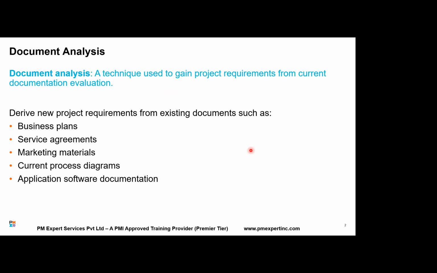You can also look at documents such as the request for proposal. From the documents, you can gain knowledge about the project. This is document analysis. But again, the requirement generation from this technique also depends on the accuracy level of the document.